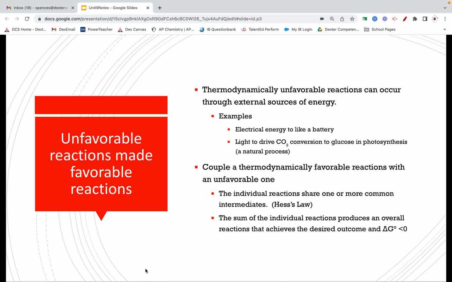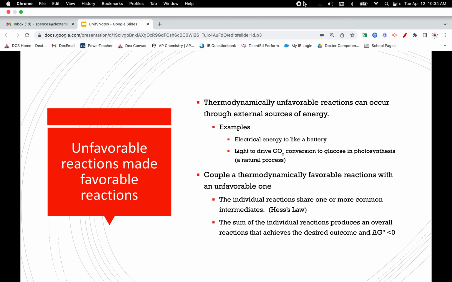This is similar, not exactly the same, but very similar to the way we would set up a Hess's law equation. The sum of the individual reactions produces an overall reaction that achieves the desired outcome. Basically, the straight line does not work, so we have to find a workaround, and that's what a coupled reaction is: finding a workaround to create a reaction that is usable.